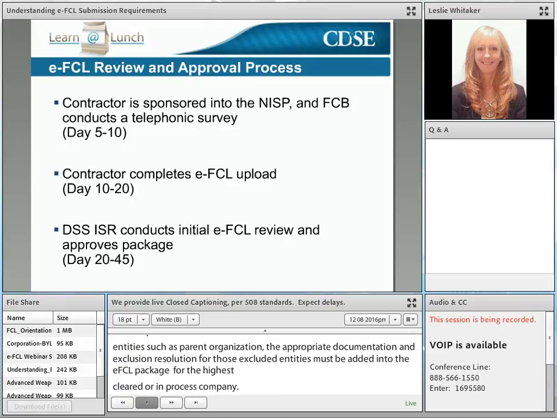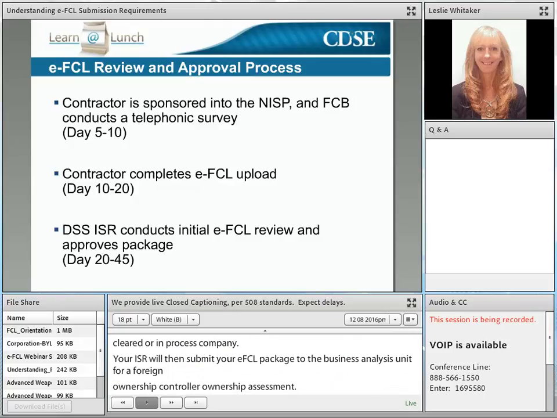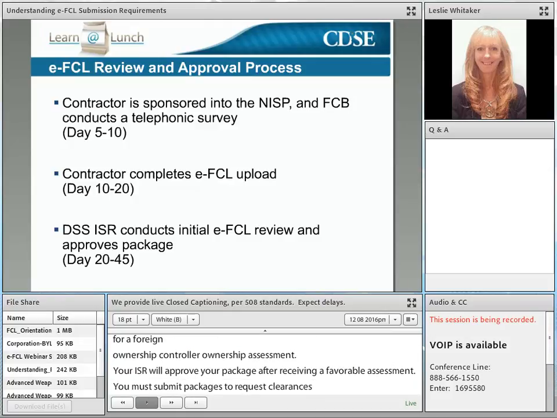Your ISR will approve your eFCL package after receiving a favorable assessment from the BAU. You must submit eQuip packages to request clearances for your essential KMP within 45 days, or DSS may take action to discontinue the FCL request. The timeline can be found on page 1 in the job aid. Next slide.